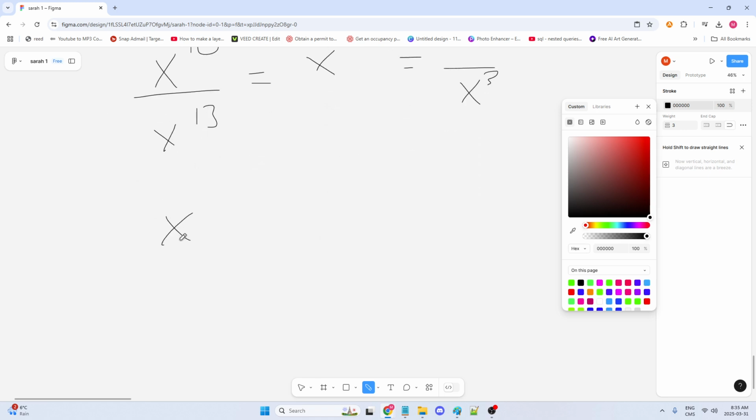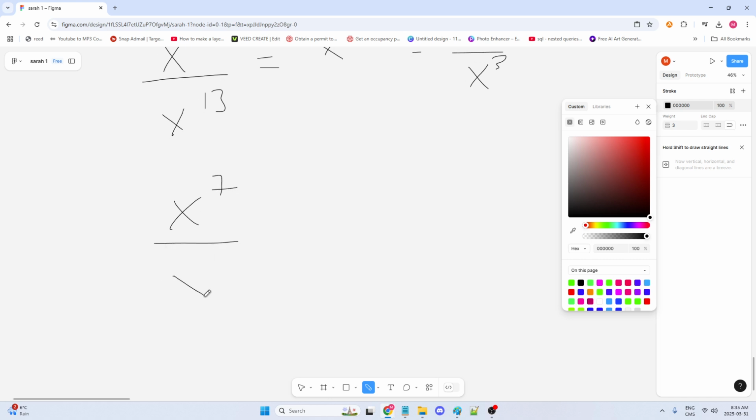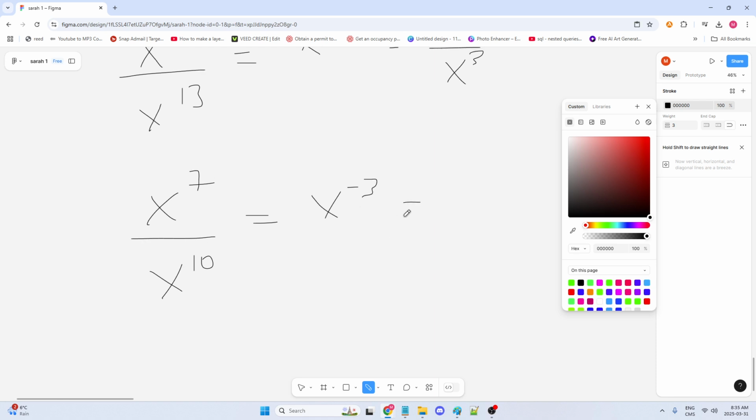So let's try another one. So you have x to the 7 over x to the 10. So 7 minus 10, x to the minus 3. Voila, which is equal to 1 over x to the 3. Like this.